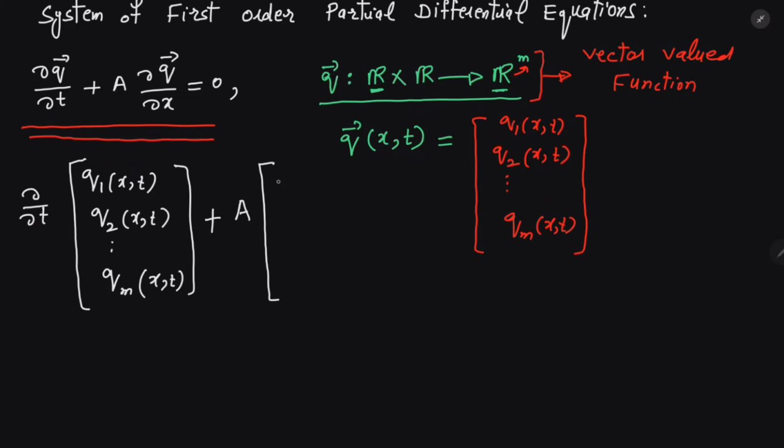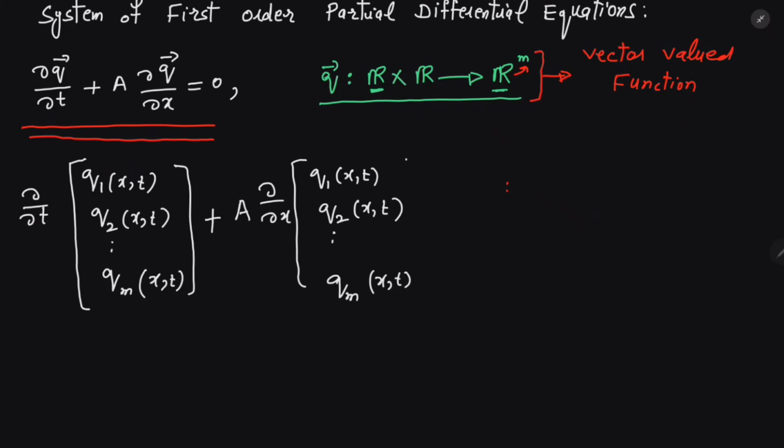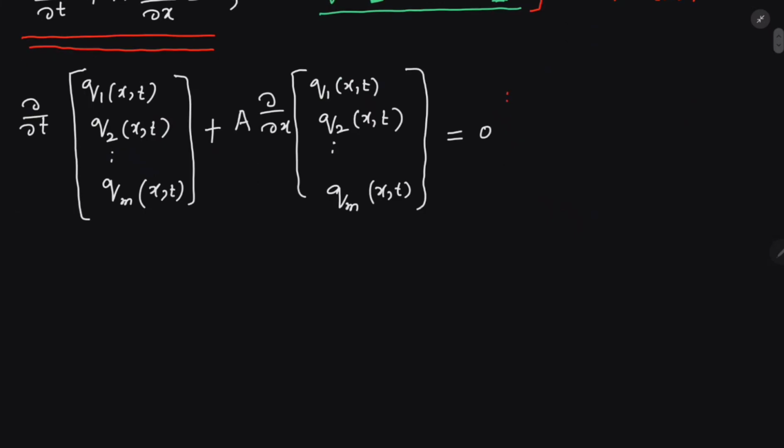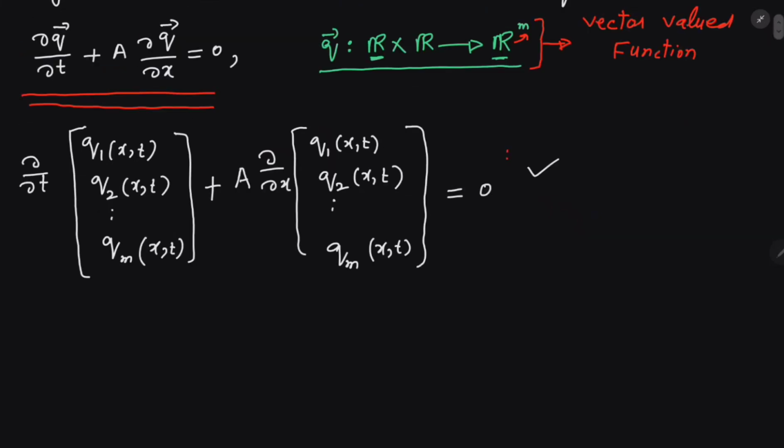I'm sorry, there should be partial by partial x. Then you can write Q1 of x and t, Q2 of x and t, up to Qm of x and t, is equal to 0. So when you open this equation, you will get m system of first order equations.